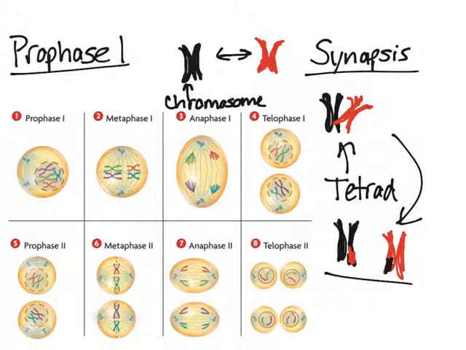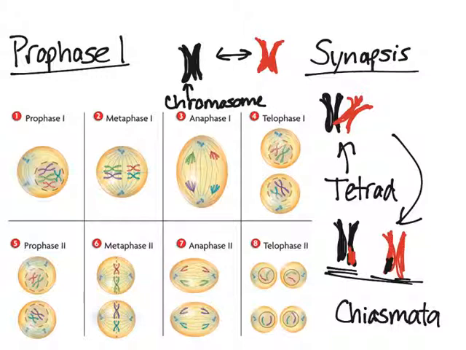And crossing over occurs at the chiasmata. And remember, crossing over involves exchange between non-sister chromatids, so the red and the black, because it makes no sense to exchange red and red because they're exact copies of each other. And so these new DNAs, or chromosomes, are called recombinants.